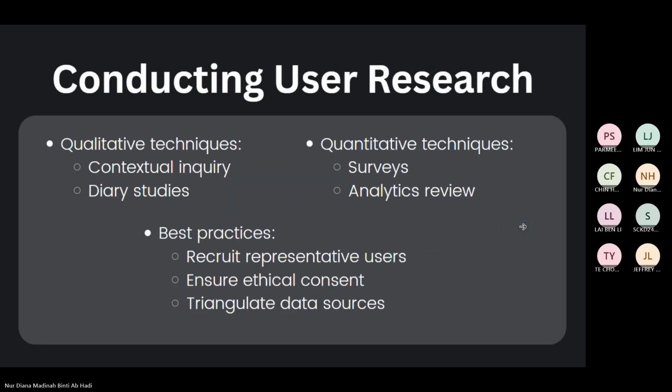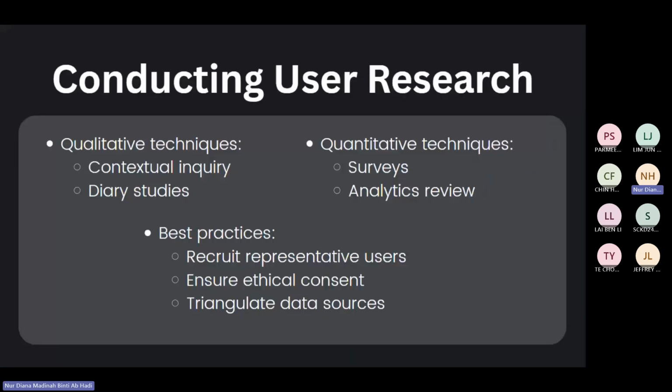Okay. So next, conducting user research. Just now I mentioned to you, you can do some survey, you can do some contextual inquiry, but did you know that these two things actually provide you two different data? Contextual inquiry is actually a qualitative technique. It will provide you what type of data? Qualitative data.